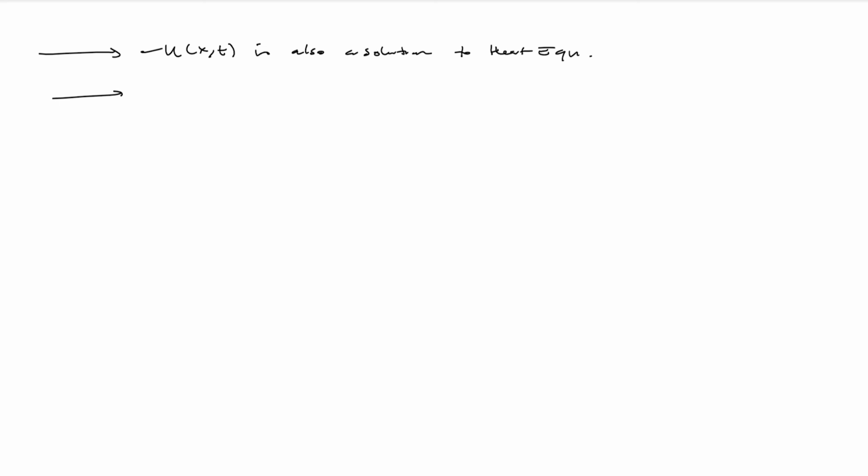And what you end up getting is that the maximum of negative u is just the minimum of positive u, right? So this gives us the minimum principle. I encourage you to try it yourself, but it's fairly easy. You can just argue that negative u is also a solution, and so its maximum must occur on the boundary, right? The maximum of negative u is just the minimum of u, right?